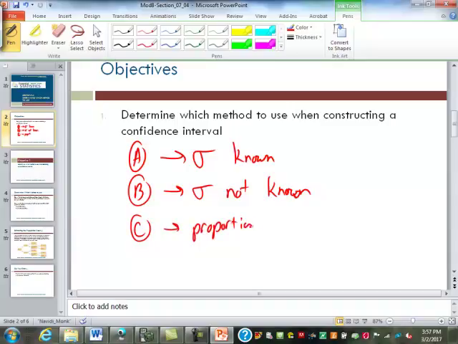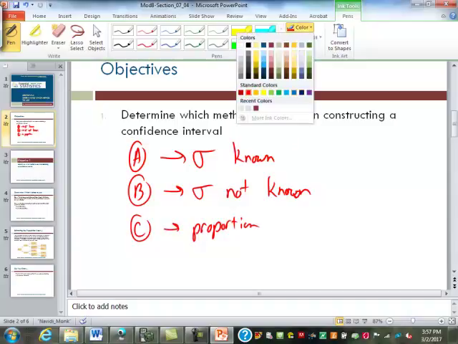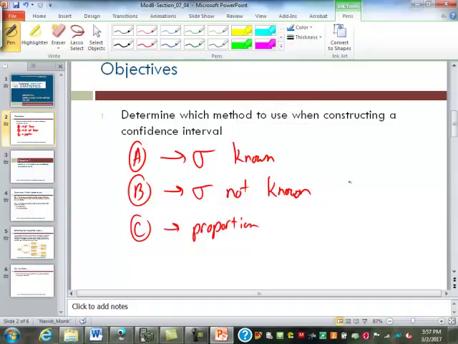Well, it should be pretty simple. If we're talking about a proportion, if we're asked for the confidence interval for the population proportion, obviously we're using the third one, the proportion. We have the standard error is the square root of p times 1 minus p, and so on. So that one's usually fairly easy to spot.